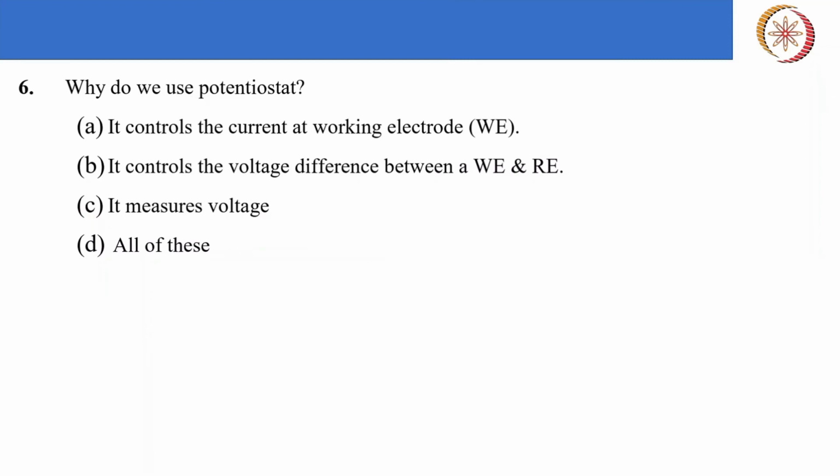And why do we use a potentiostat? It controls the current at the working electrode, or it controls the voltage difference between the working and reference electrode, or it measures voltage, or all of these.